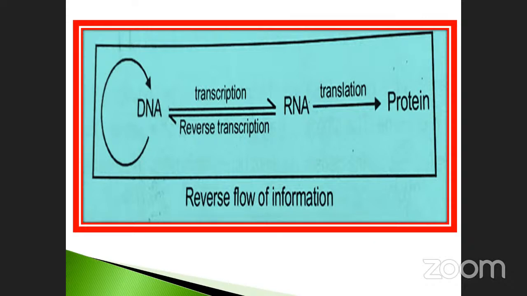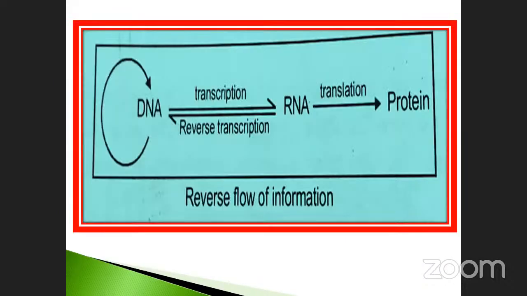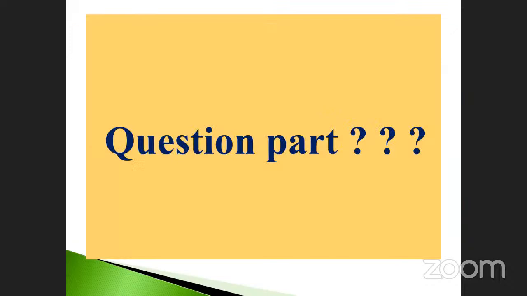DNA, RNA, and protein is called translation. This is also a small explanation, just like the equation aspects, depending upon the structural aspect given here. I think this part is completely finished.